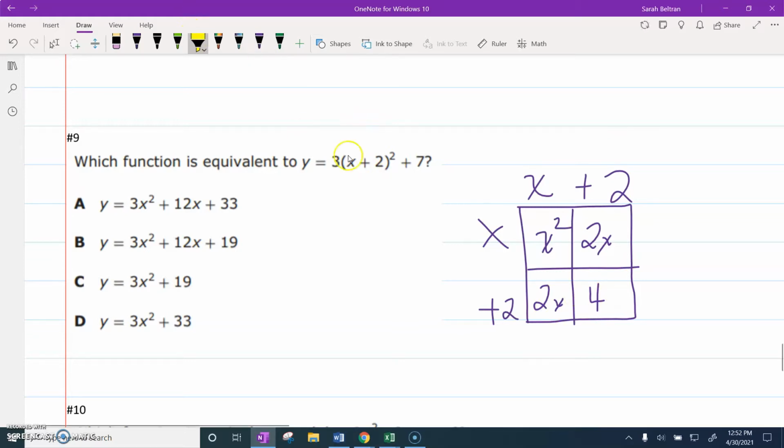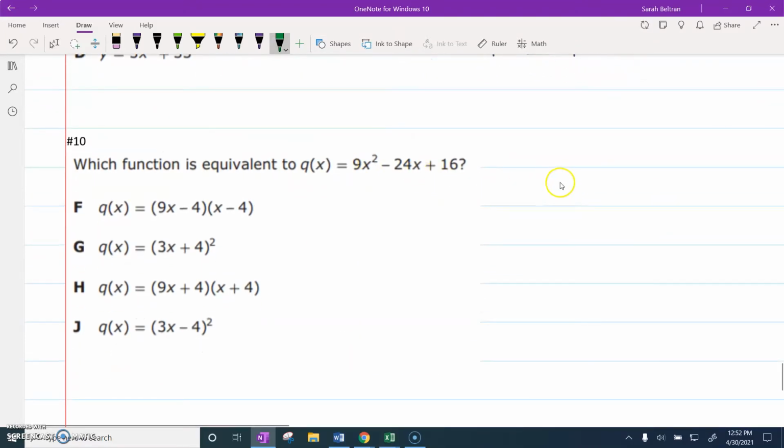So this middle part right here is going to be, let me write this, 3 on the outside, x squared, 2x plus 2x, that is 4x, plus 4, in parentheses, plus 7. Go ahead and figure out which one matches this.